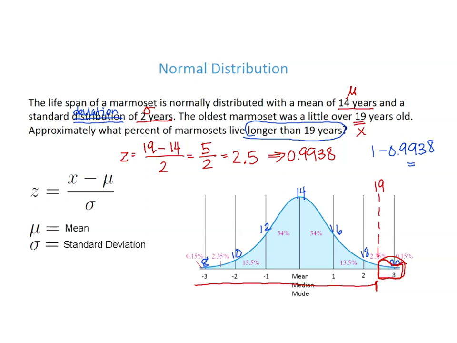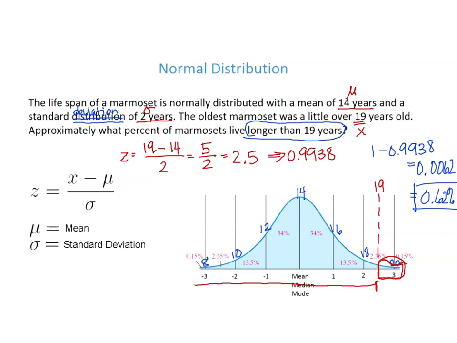I'm going to do it on my calculator. 1 minus 0.9938 is 0.0062. If I convert that to a percent, it would be 0.62%. That is the percent chance that a marmoset will live longer than 19 years.